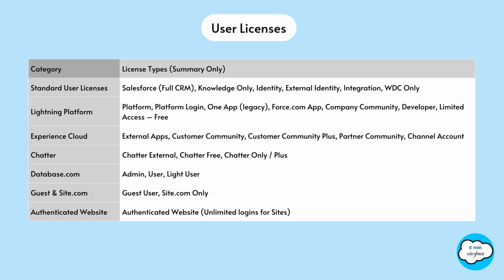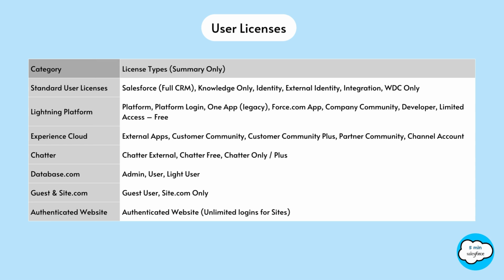For Chatter we can have Chatter External, Chatter Free, Chatter Only licenses, and they come with their own features and capabilities. For Database.com we can have admin user, light user licenses. For guest and Site.com we can have guest user and Site.com only.